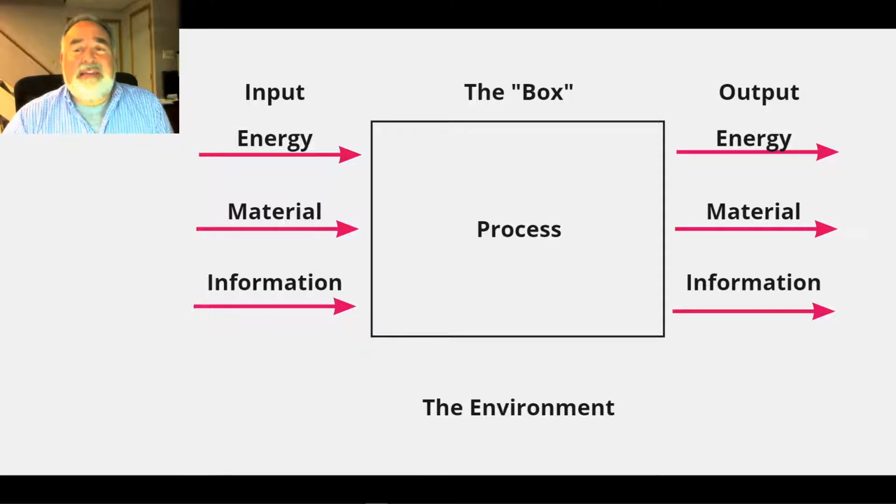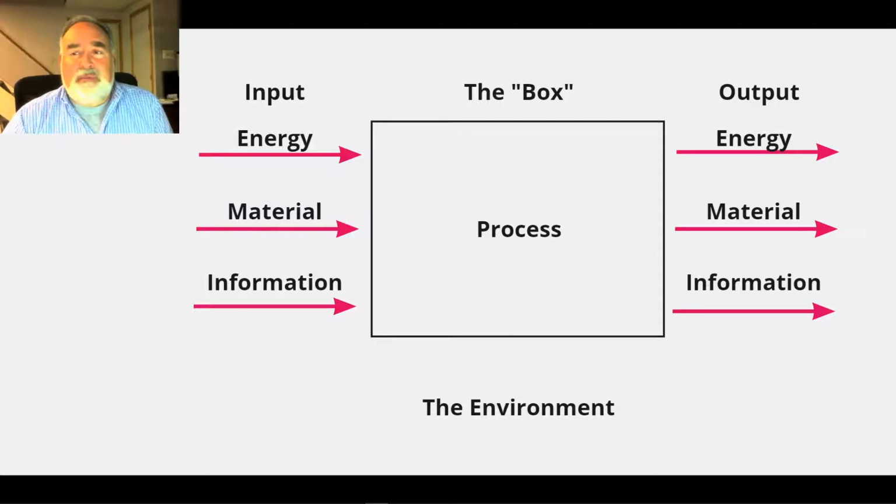We have a class that concentrates on material, ISBIT 212, and a class that concentrates on information, ISBIT 211. They're taught in different orders, but that's why they were created. So we have the system itself, and then an individual course on energy by itself, material by itself, and information by itself, because it's important.